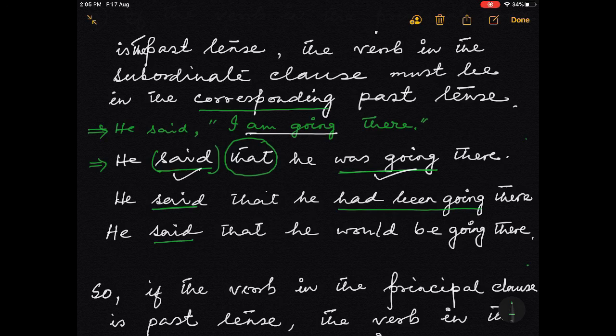So, if the verb in the principal clause is past, the verb in the subordinate clause must be the corresponding past, as described by the law of the sequence of tense. Okay?